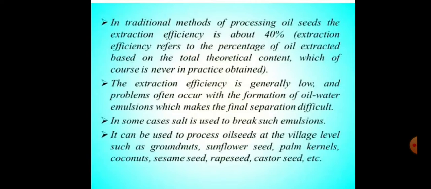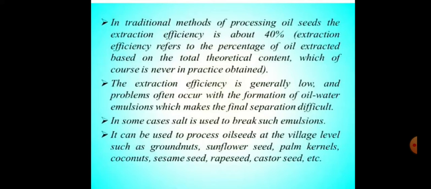In traditional methods of processing oilseeds, the extraction efficiency is about 40%. Extraction efficiency refers to the percentage of oil extracted based on the total theoretical content, which of course is never obtained in practice. So the extraction efficiency is generally low, and problems often occur with the formation of oil-water emulsion, which makes the final separation difficult.